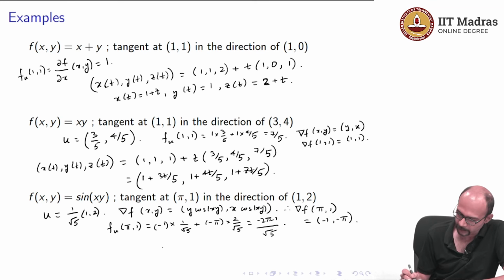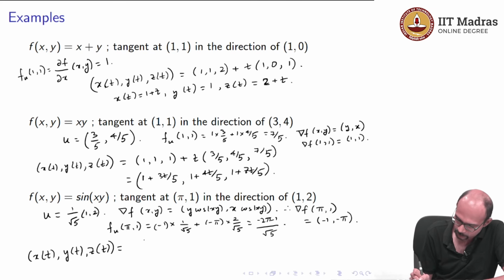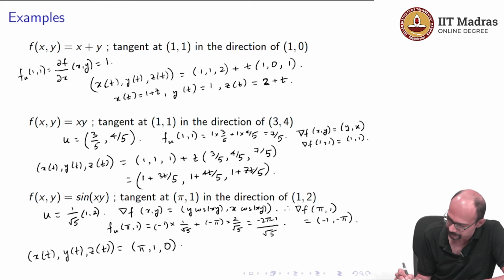Okay, so, this is f u of pi comma 1, and now we can easily write down the vector form of this tangent line. So, x t, y t, z t is, you take your point, so pi comma 1 comma, evaluate the function at this point, sine of pi is 0, plus t times u 1, sorry, u 1 is 1 by root 5, not 1, comma 2 by root 5, comma minus 2 pi minus 1 by root 5.